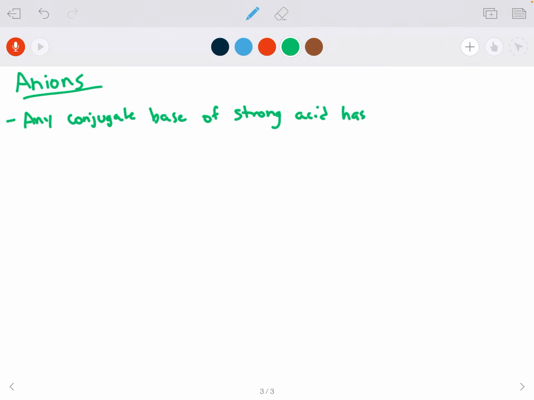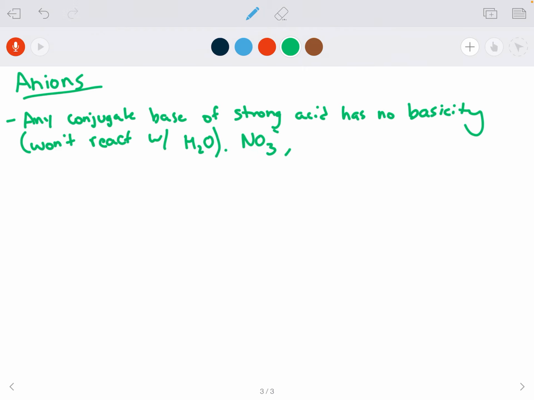Okay, so next up are anions. And for anions, any conjugate base of a strong acid has no basicity. It won't react with water. So this would be NO3 minus, Cl minus, Br minus, I minus, ClO3 minus, ClO4 minus.